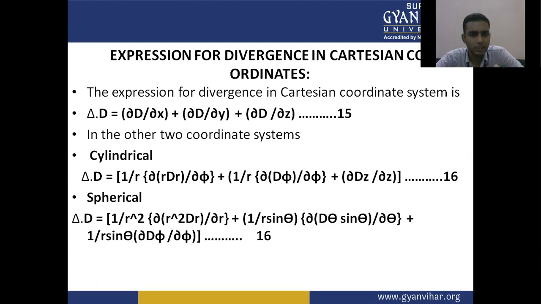So divergence does not give the unit vector directions. Equation number 15 shows the Cartesian coordinate representation of divergence.